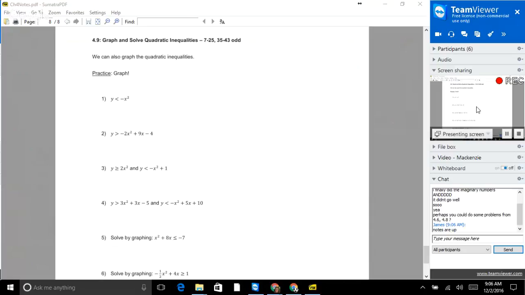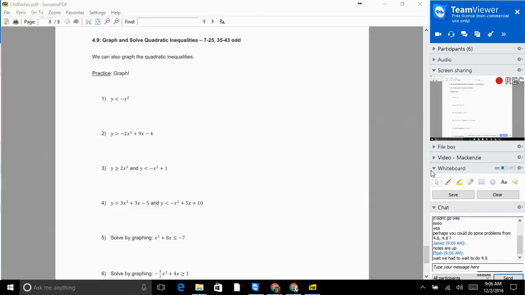Okay, so 4.9, number one, just to clarify, if it's not clear for you, it's 7 through 25 and 35 through 43, and that's all odd. Wait, we had to do 9, we didn't do 4.9 yet. We're just doing it today. So if you don't have it for Monday for your homework, it's okay, if you need some more time.